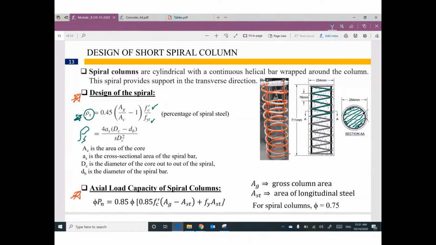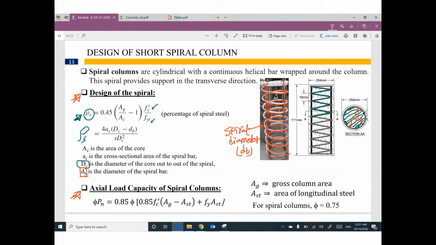We have some expressions here. DC is the diameter of the core inside this spiral. DB is the diameter of the bar only.